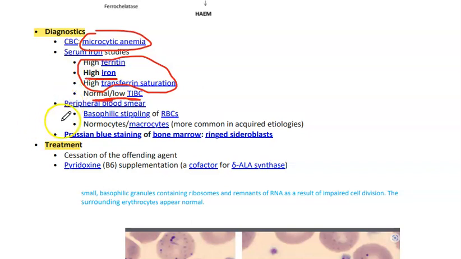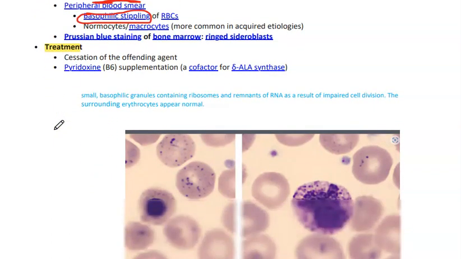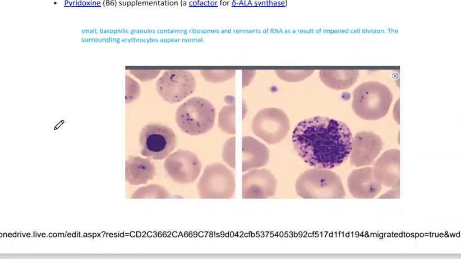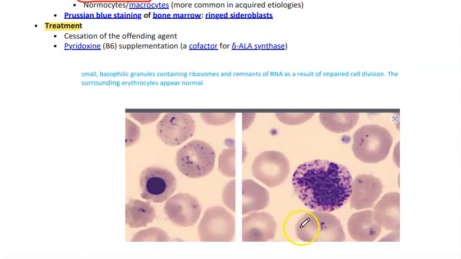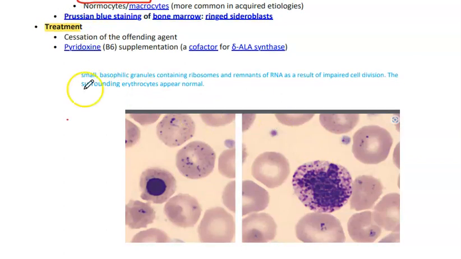And then we do the peripheral smear. So what will be on the smear? Basophilic stippling of the RBC. What is basophilic stippling?